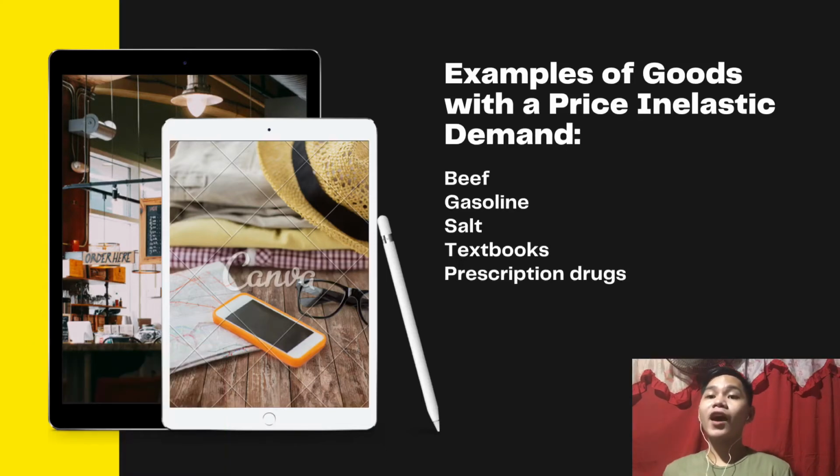The following are examples of inelastic goods or products: beef, gasoline, salt, textbooks, and prescription drugs. Another definition is that the most common goods with inelastic demand are utilities, prescription drugs as I said earlier, and also tobacco products. In general, necessities and medical treatments tend to be inelastic, while luxury goods tend to be the most elastic, which we'll be tackling on the next slide.